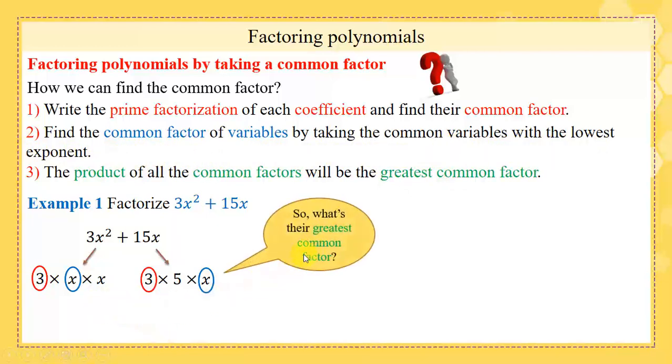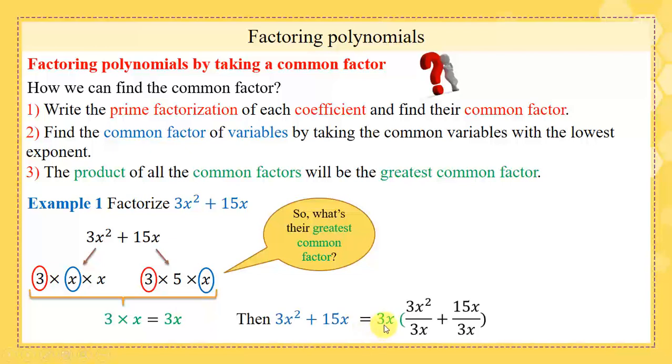Now, what is the greatest common factor? It is 3 times x, so it is 3x. So the common factor of 3x squared plus 15x becomes 3x. We write the common factor first, then we open a parenthesis, we divide the first term 3x squared by the common factor, we put the operation without any change, which is plus, then we divide 15x by the same common factor, which is the 3x.